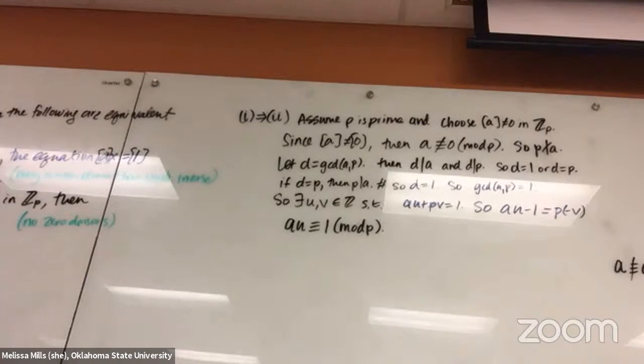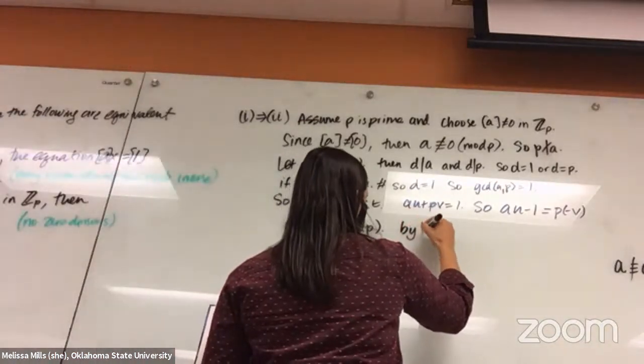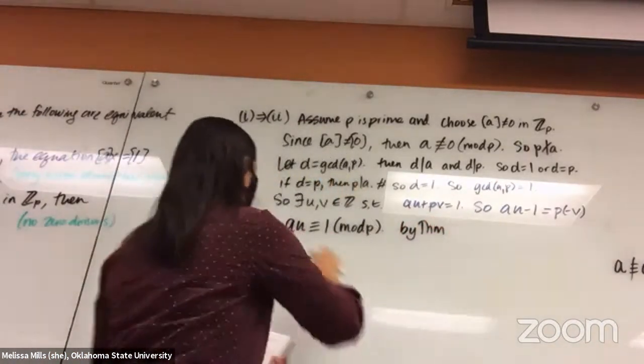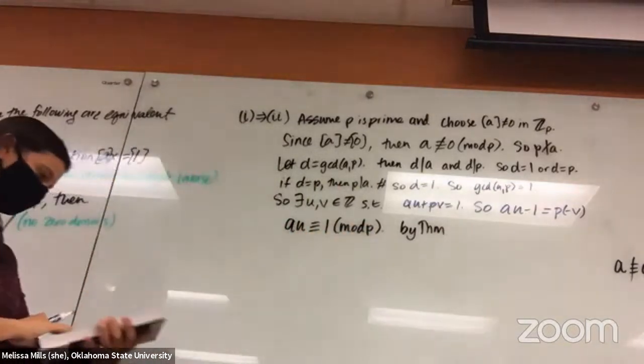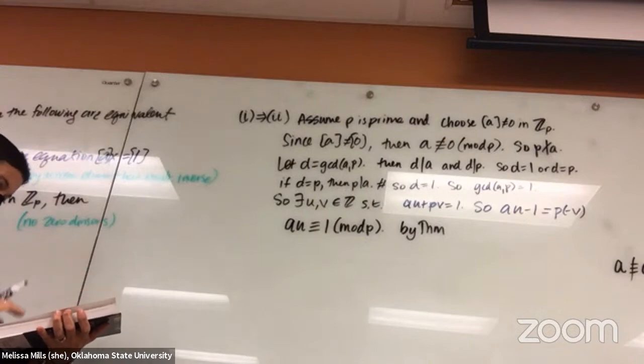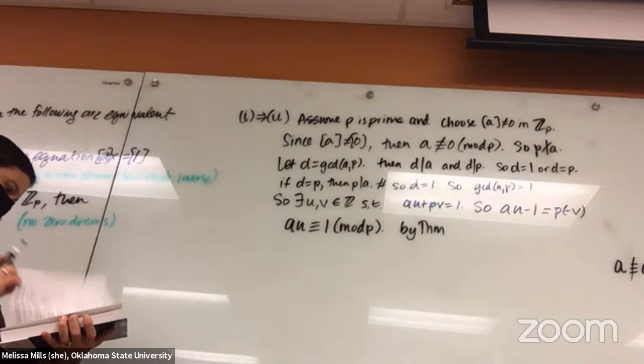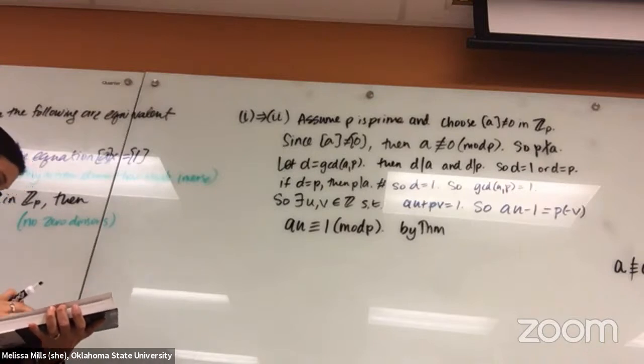Agreed? Okay, so that tells me by theorem, the one that allows me to go back and forth between that and the, okay, what theorem is that? 1.5, I think. Or no, not 1.5. No, it's 2 point something. 2.3, yeah.